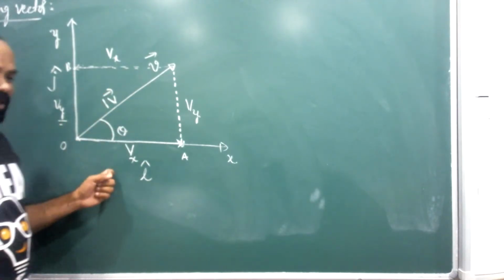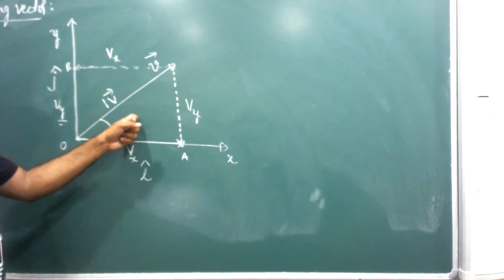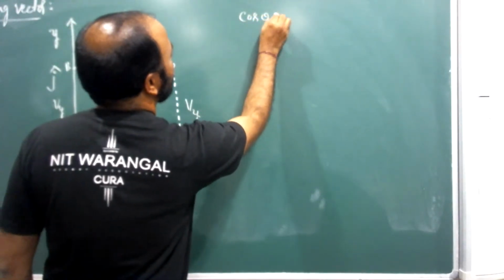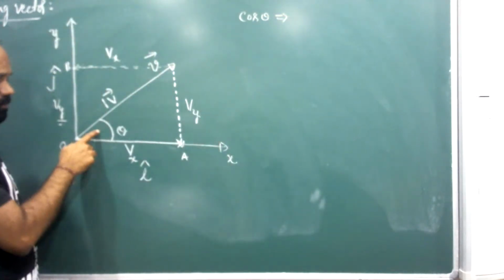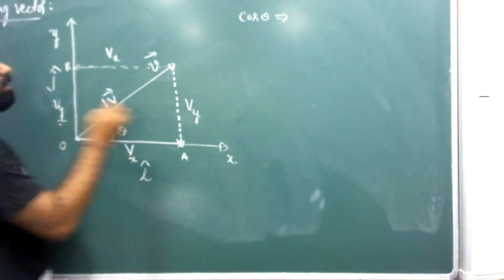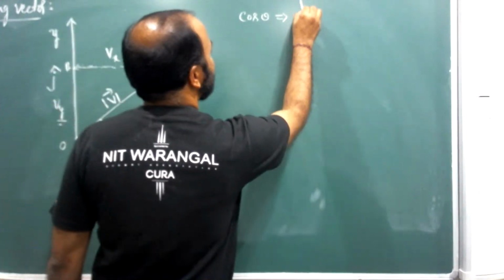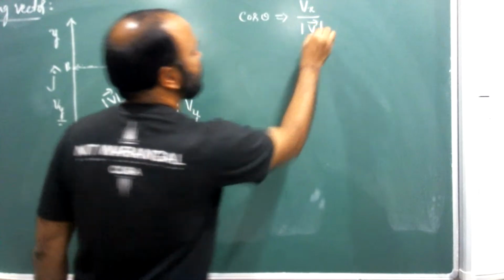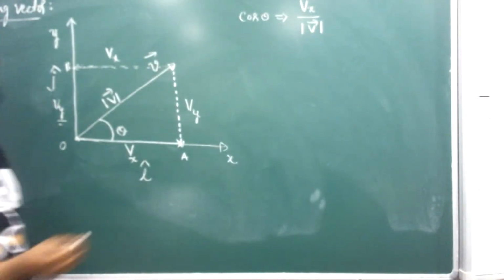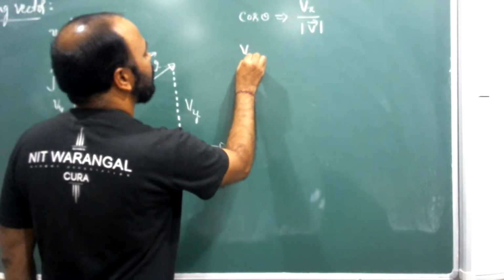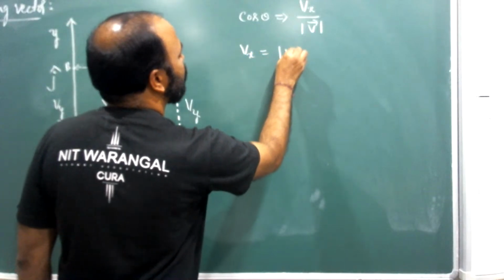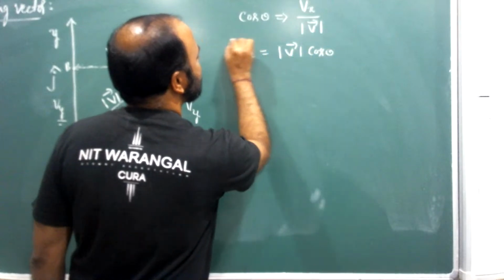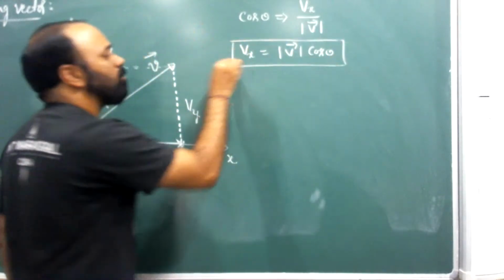From this diagram, we can write the cos theta value. Cos theta is equal to adjacent side by hypotenuse. Adjacent side is Vx, by the magnitude of this velocity vector, V bar. So from this we can write Vx equals magnitude of the velocity vector into cos theta. This is called the horizontal component.